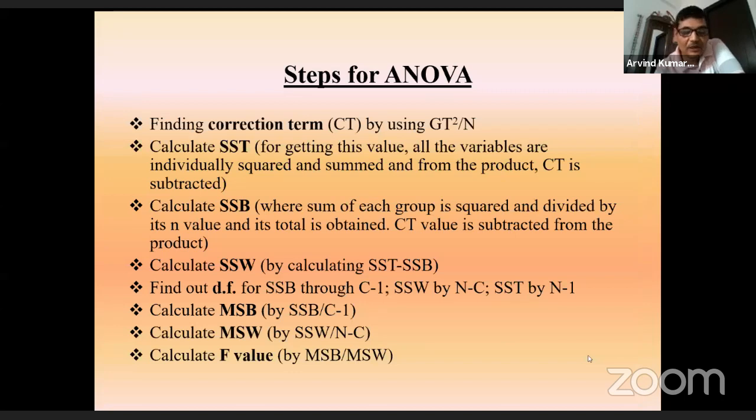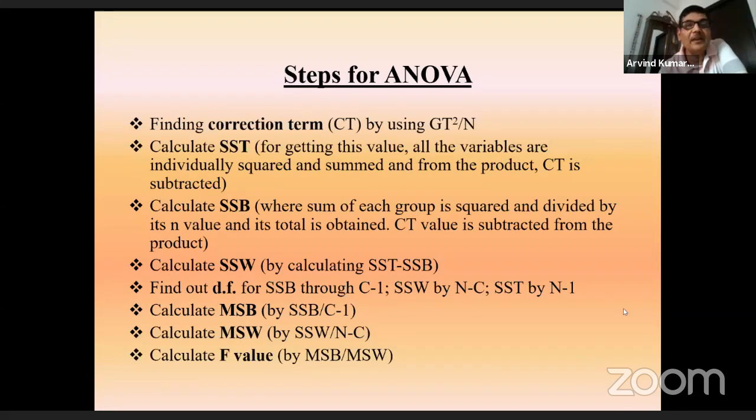Then let us see what steps we employ if we are doing it manually. I will show how to do certain cases with the help of an Excel program, but I want to make you acquainted with how we can do it manually, because it is quite simple to follow. First of all, we calculate the correction term.